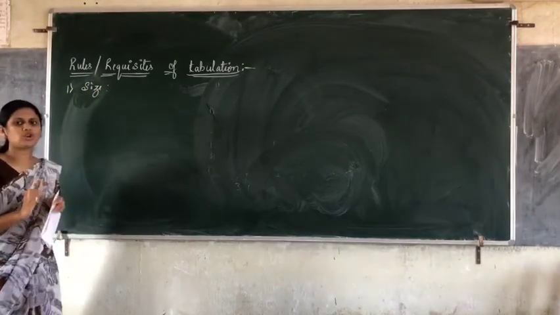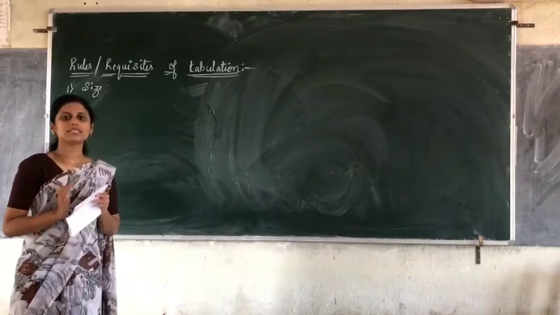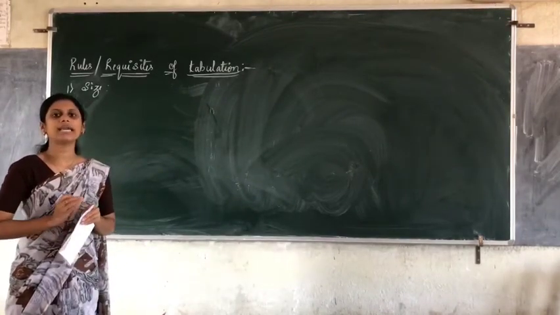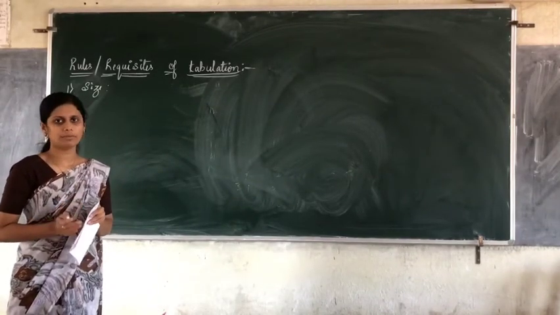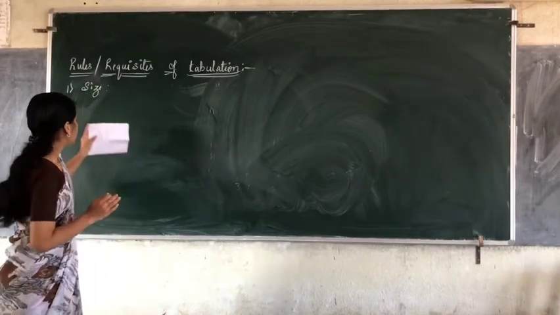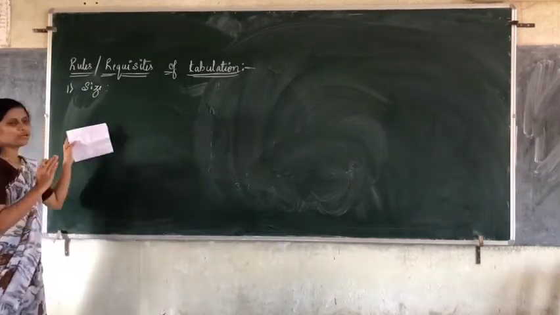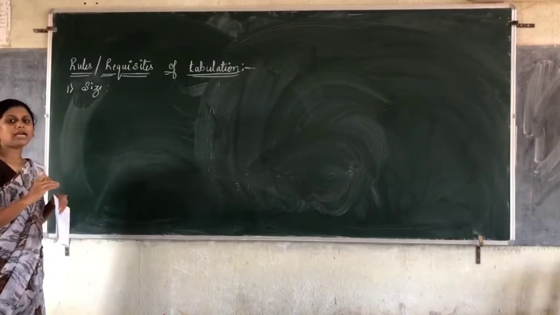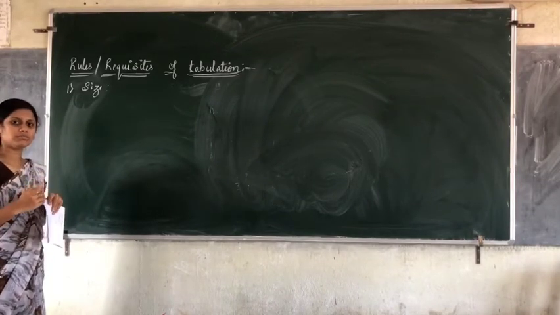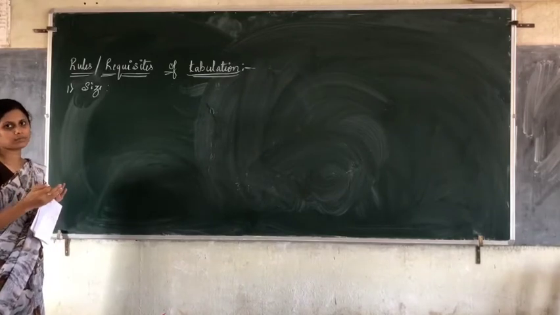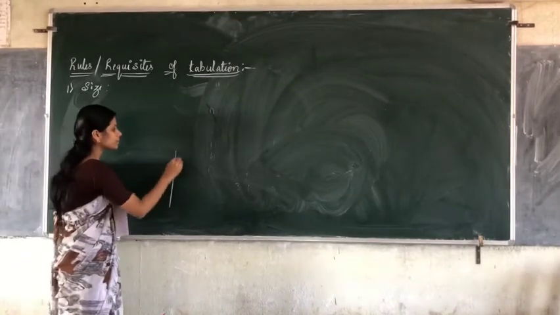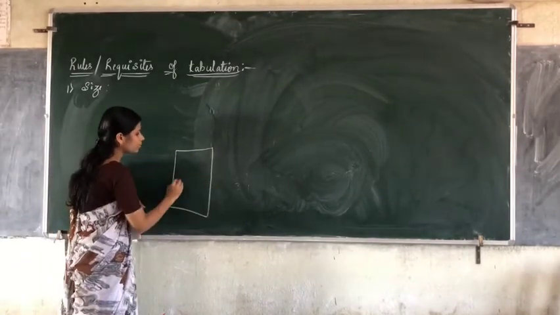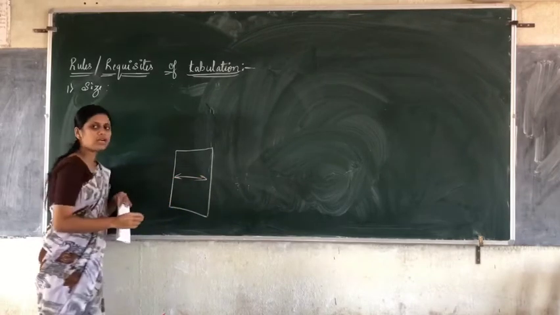Whenever you draw the table, its size should be in accordance with the size of the paper. In order to adjust the table to the size of the paper, you can increase the number of rows and reduce the columns, because as you all know, the paper's length is there but the width is not that much.